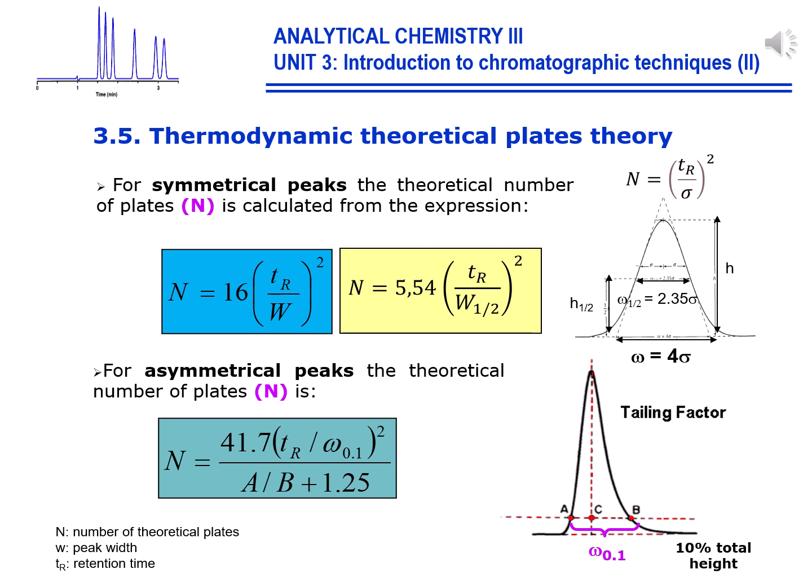Joining both expressions, we get the formula in the blue box. It's also possible to calculate N taking into account the width at half peak height, which is 2.35 sigma. And then we get the formula in the yellow box.